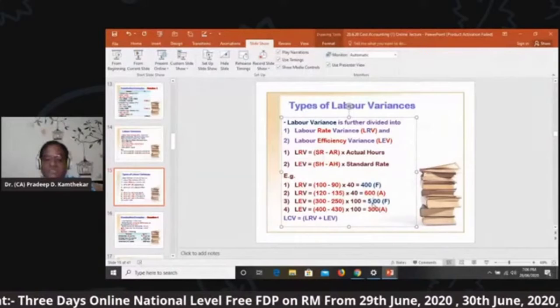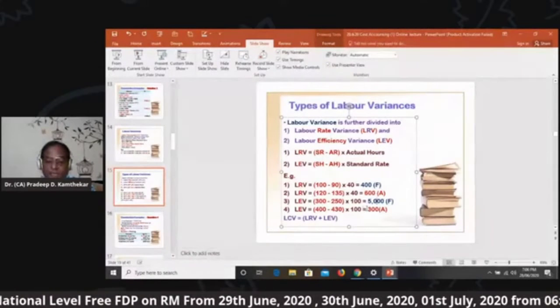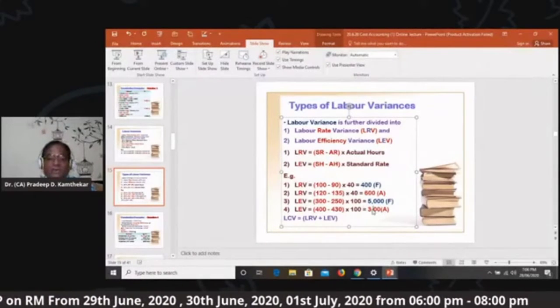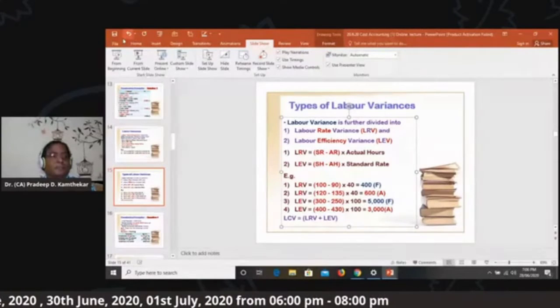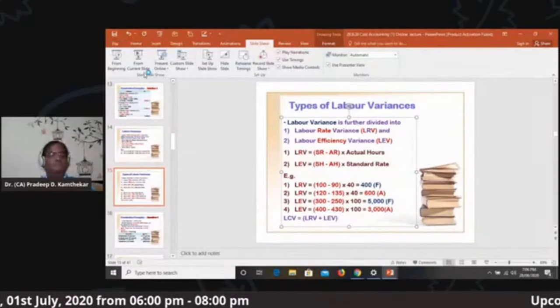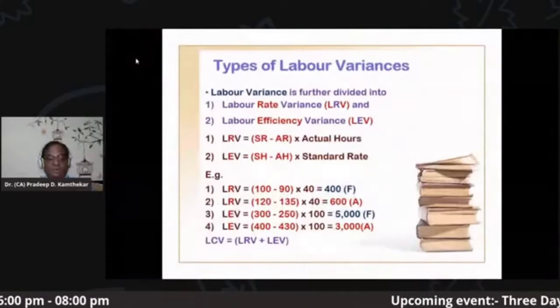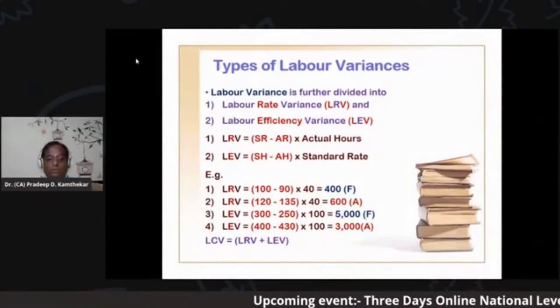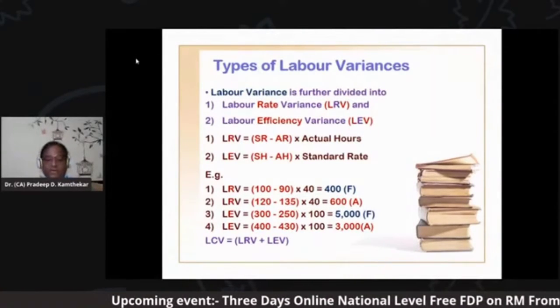So 5,000 is a favorable variance. So 50 into 100, that is 5,000, that is favorable variance.